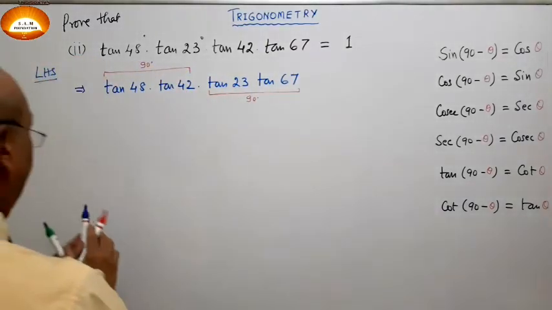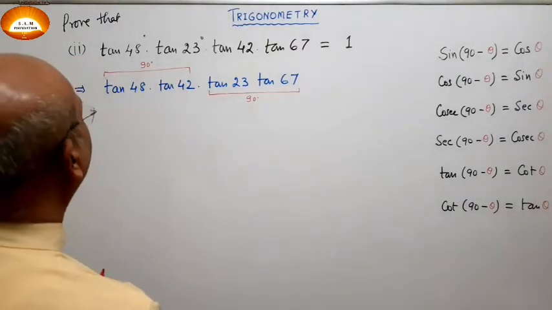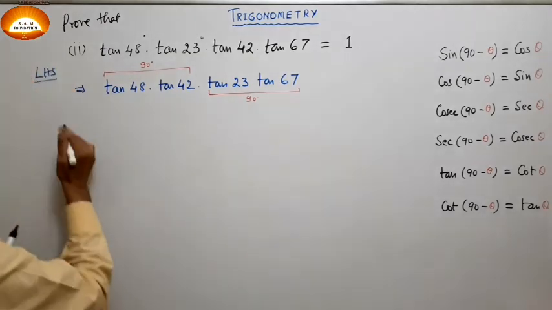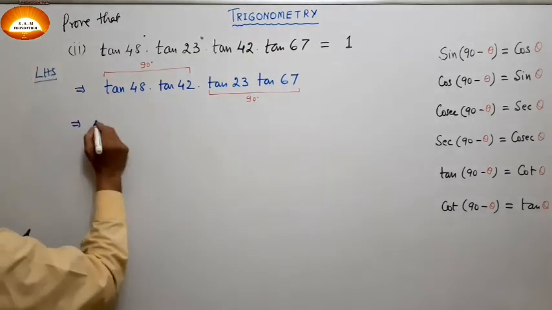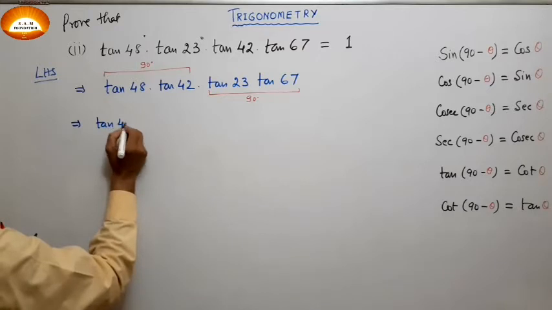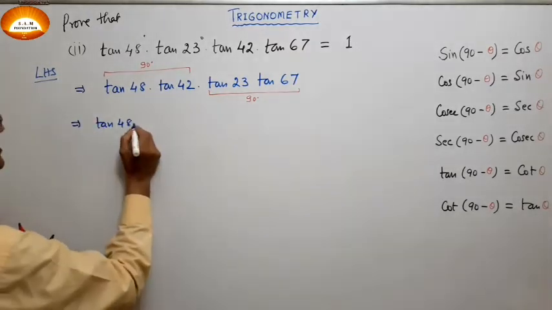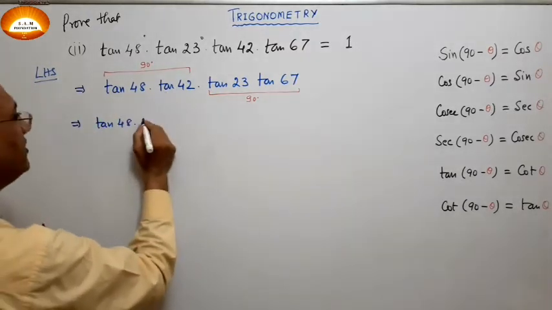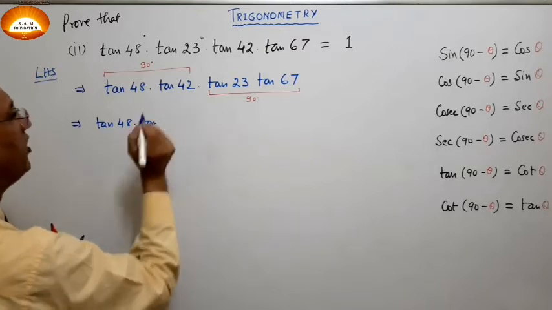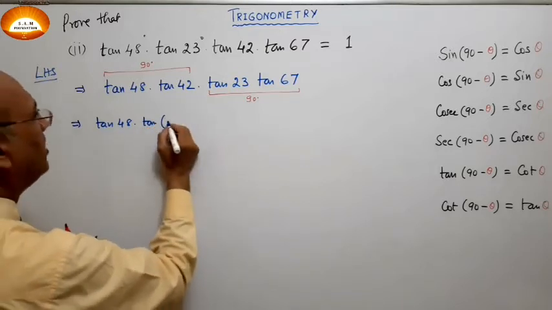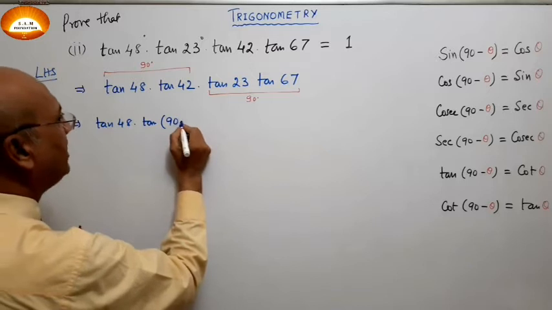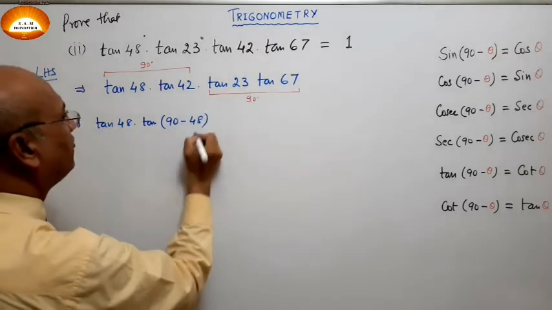Now see, in the next step what we are going to do: tan 48 we will write as such, and the second one is tan 42, so instead of 42 I am going to write 90 minus 48.